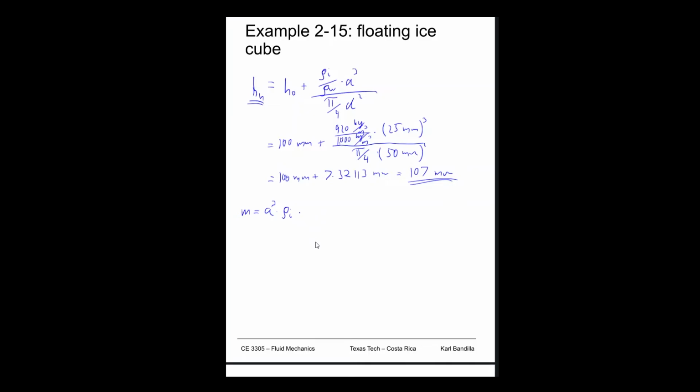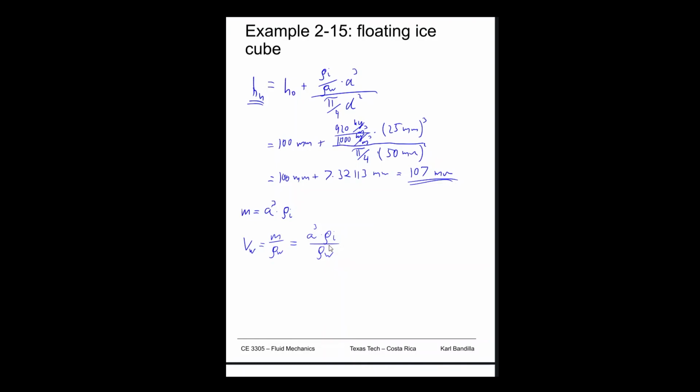That's how much mass we put in when we added the ice cube. Now what is the volume of water that we added by adding this ice cube? Once it melts, that would just be the mass divided by the density of water. Mass is A to the third times rho ice, divided by rho water.